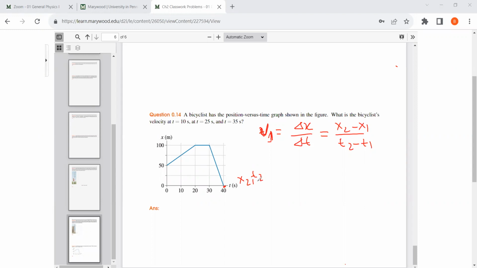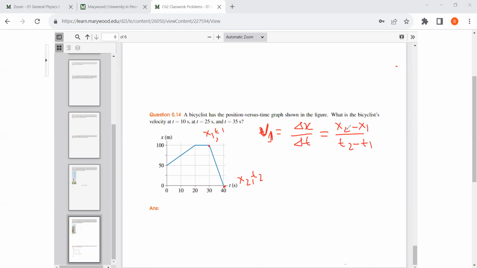Normally x2, t2 means the final position and final time, so the later one is the final. As the bicyclist is following this path, this will be the final and this will be the initial. So the initial point is x1, t1, and the final position and time is x2, t2.